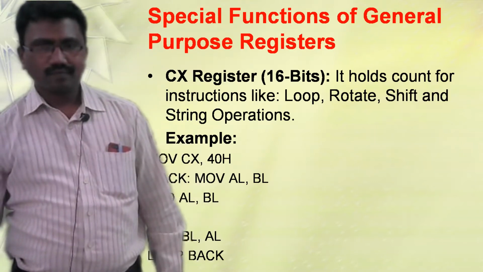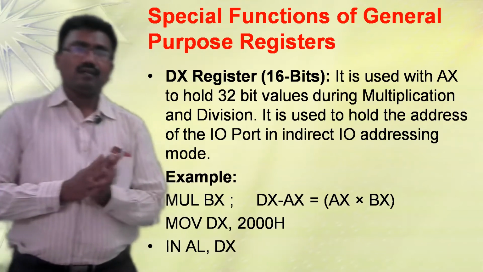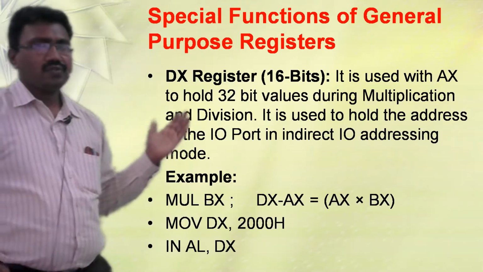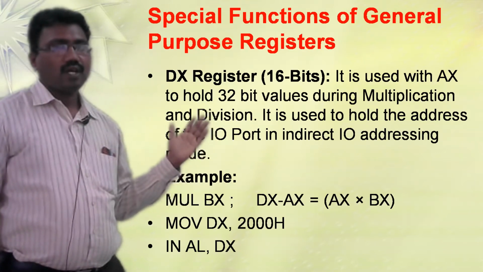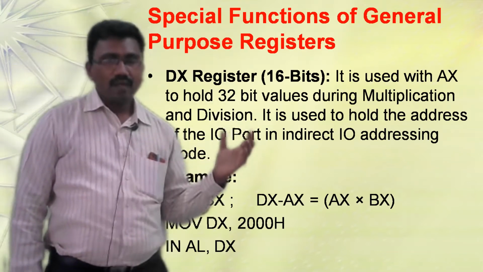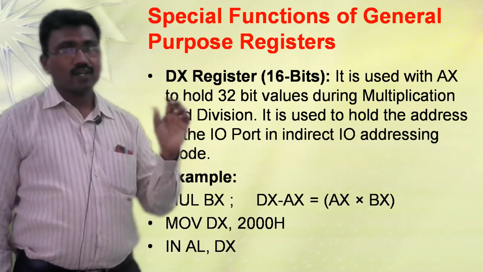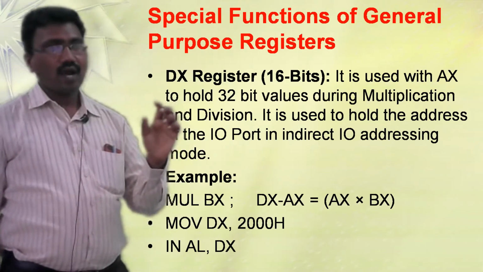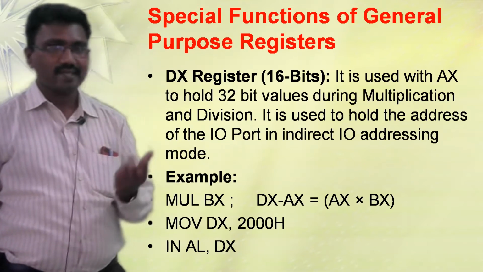And next one is the data register, DX. The special function is that it is used with AX to hold 32-bit values during multiplication and division operations. In case of division, before the division operation, if it is a 32-bit dividend, DX:AX holds the 32-bit dividend. After the division operation, the result is available in AL and AH: AL is the quotient, AH is the remainder.